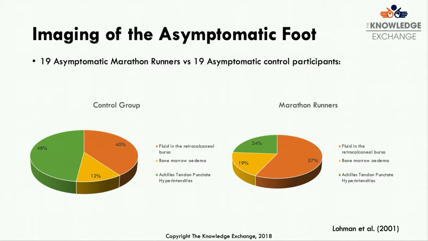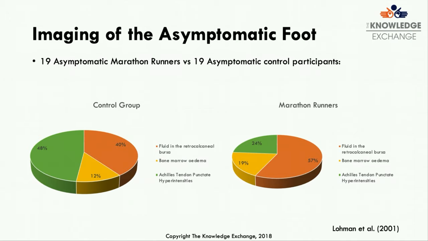What's interesting is that both the marathon group and the control group showed an array of pathologies on MRI, as you can see displayed in these 2 graphs. These included severe bone marrow edema in one and slight bone marrow edema in the other 3 marathon runners. Slight bone marrow edema was also found in 3 control subjects.